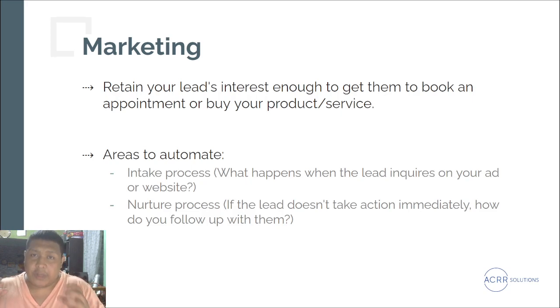Of course, it's still really important to have a human touch, but the marketing platforms typically have ways to personalize your messages so they don't sound robotic, or like they came from automated software.